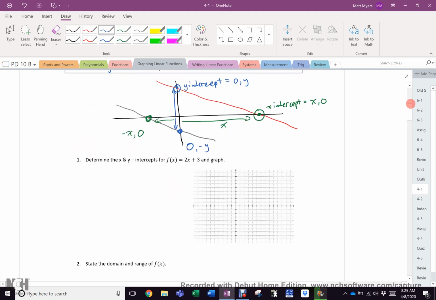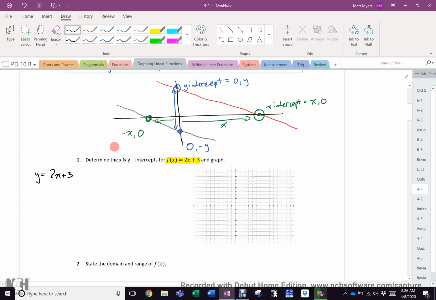So here I have a function. Now, this is the way we started writing them last day. This is really y equals 2x plus 3. And I told you I want the x and y intercepts, and I want a graph. Well, it's not too hard.